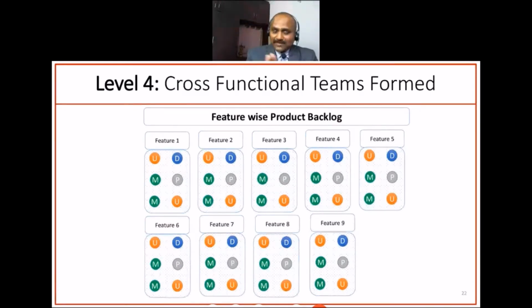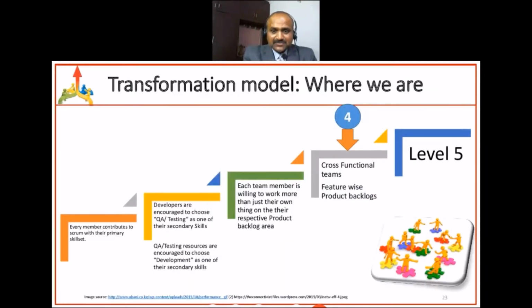And second, each person is willing to do more than what they are capable of doing. These are the two desired attributes we want for cross-functional teams. So cross-functional teams and feature-wise product backlogs happen here.